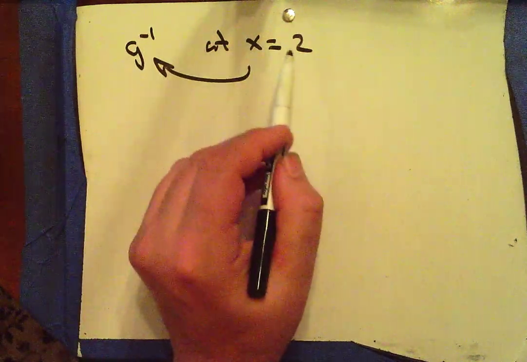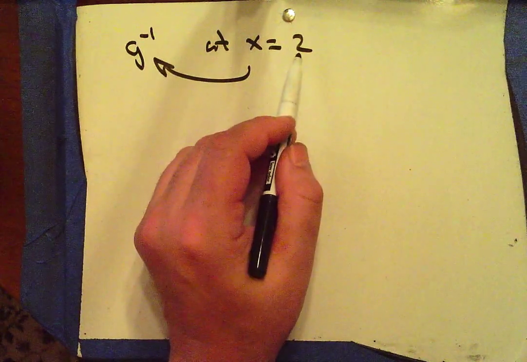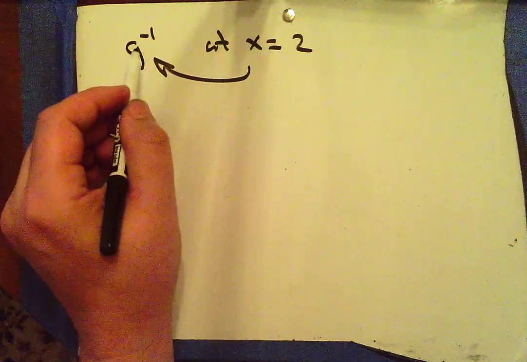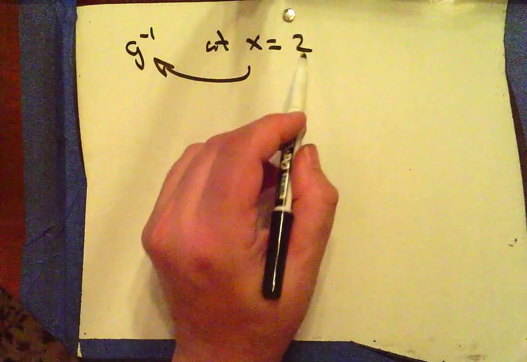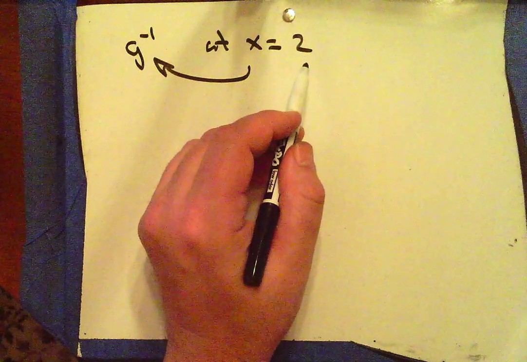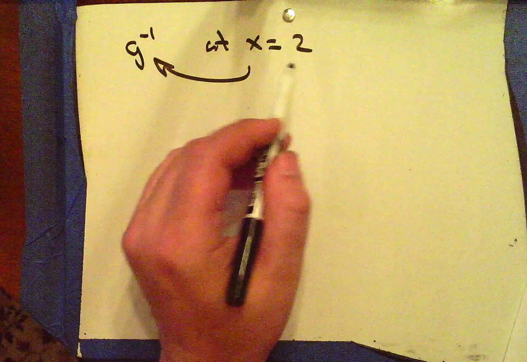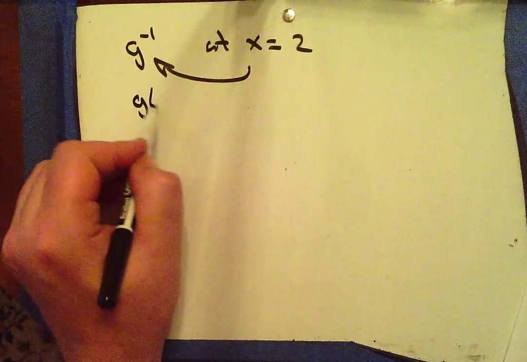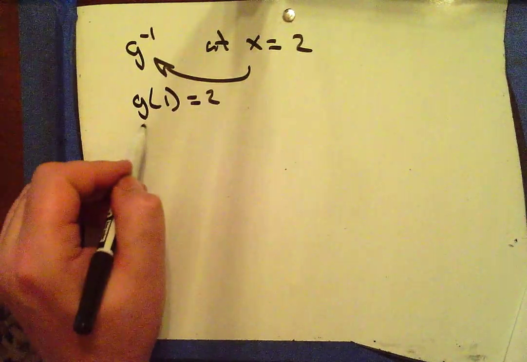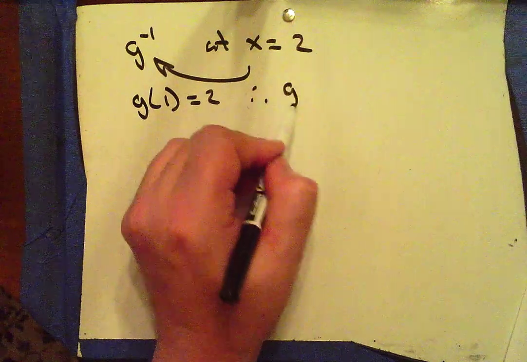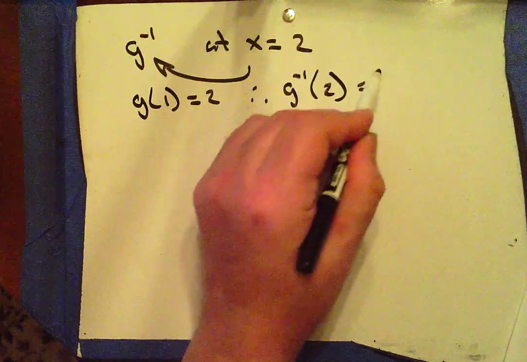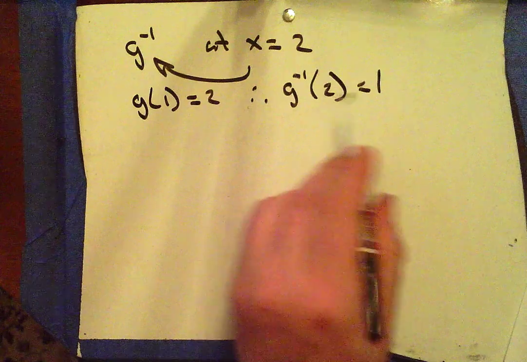So this is the input on g inverse, which means this is the output on g. When is the output equal to 2 on g? And that happens at 1. So I know that g of 1 equals 2, therefore g inverse of 2 equals 1. So I've got an ordered pair.